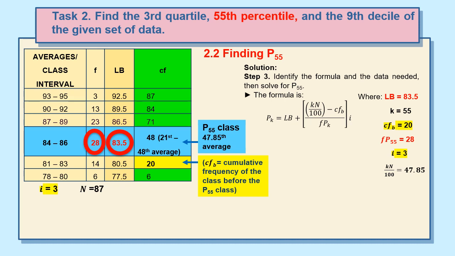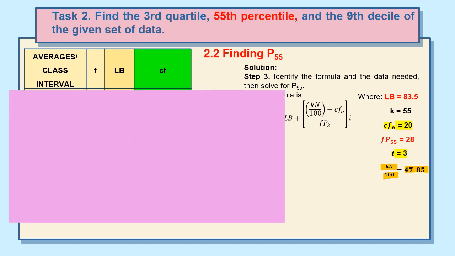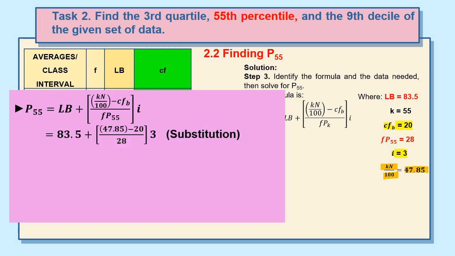Now take note that in step 2, we already have our Kn over 100, which is equal to 47.85. So after getting the values of the variables, we will now substitute them to our formula.